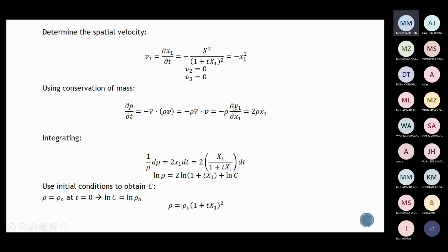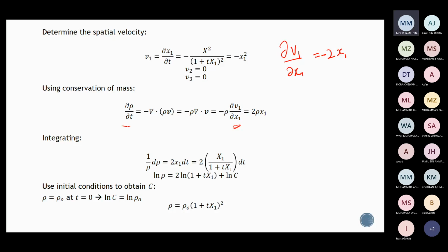So differentiate v1 with respect to small x1. So differentiate this, you get 2x1. Okay. So substitute this into this. So you get 2 rho x1.